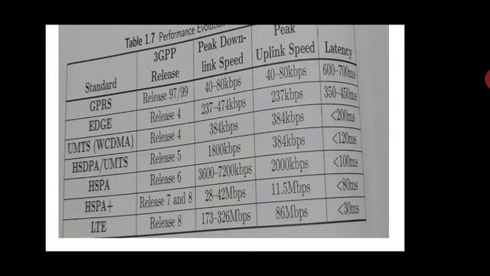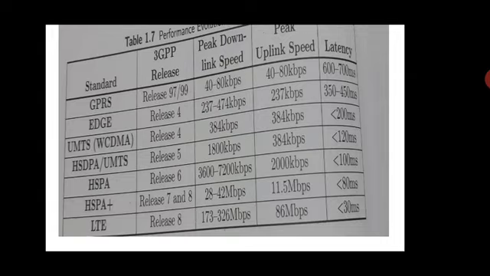And when you compare this with all the previous ones, look at LTE. There is Long Term Evolution, release 8, which we call R8. Sometimes you might come across R8 also. Its peak downlink speed ranges from 173 to 326 mbps.